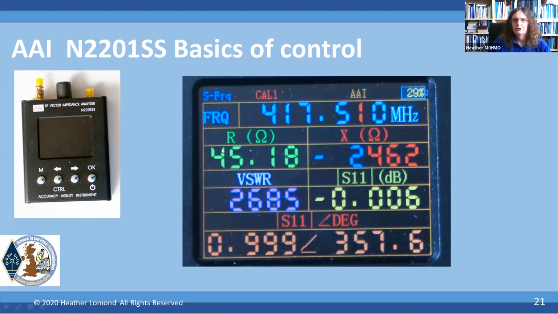So it's giving you the real and the imaginary part of the impedance at a frequency. Obviously, these VNAs are giving you a nice graphical display, so you can actually see it plotted out, and you can know where you are without manually adjusting the frequency.